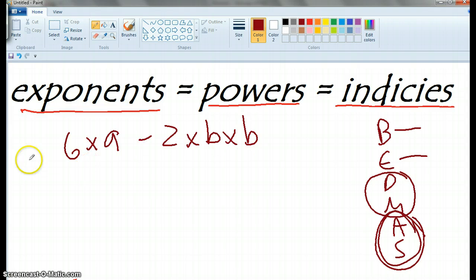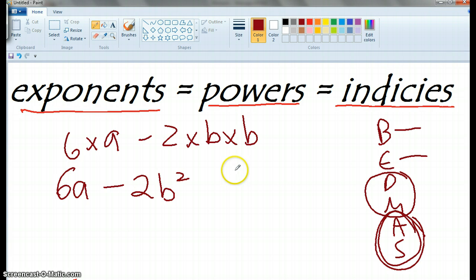So what do we have to do first here? Multiplication. So we write 6a minus 2b squared. Then can we do anything? Are they like terms? No. So you can't go any further.